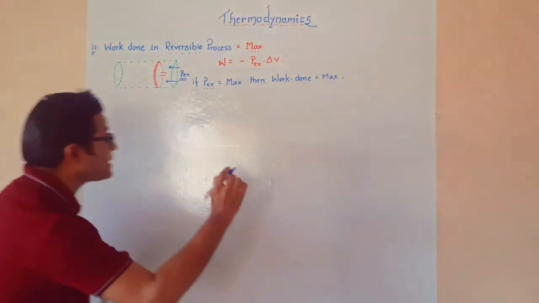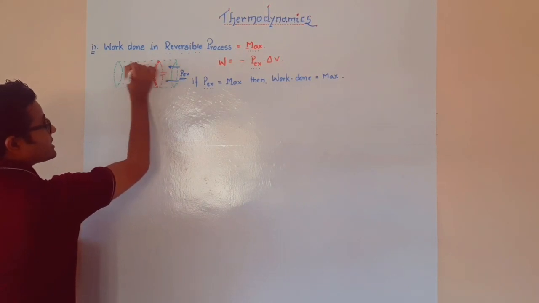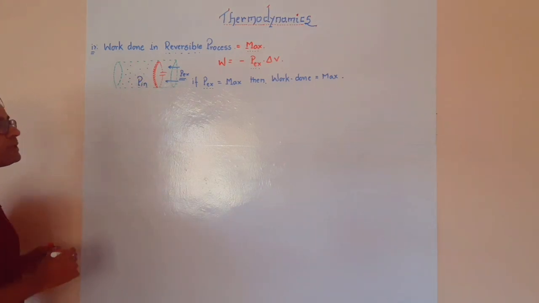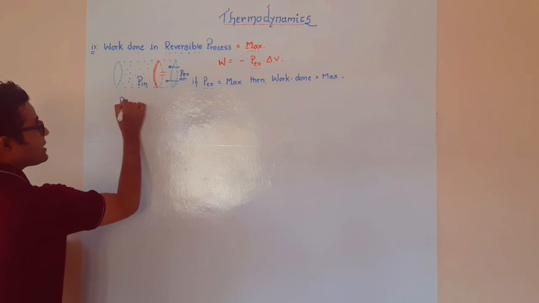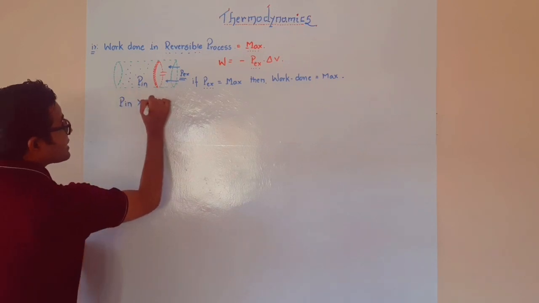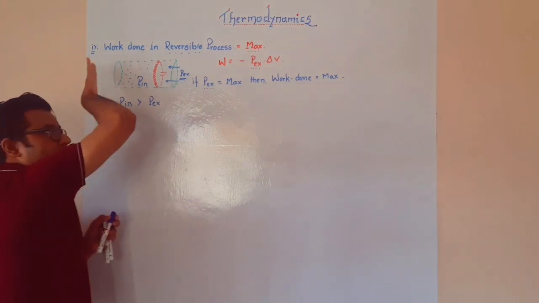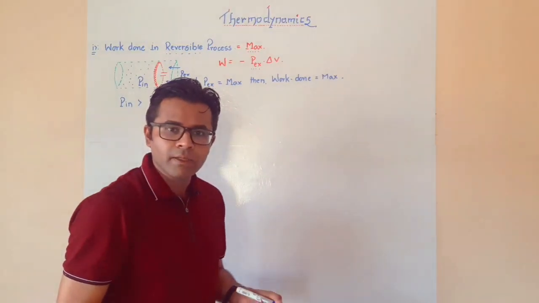When I say internal pressure, I mean the pressure here because of these gases. If the internal pressure is greater than the external pressure, this piston is going to move back and expansion is going to occur.